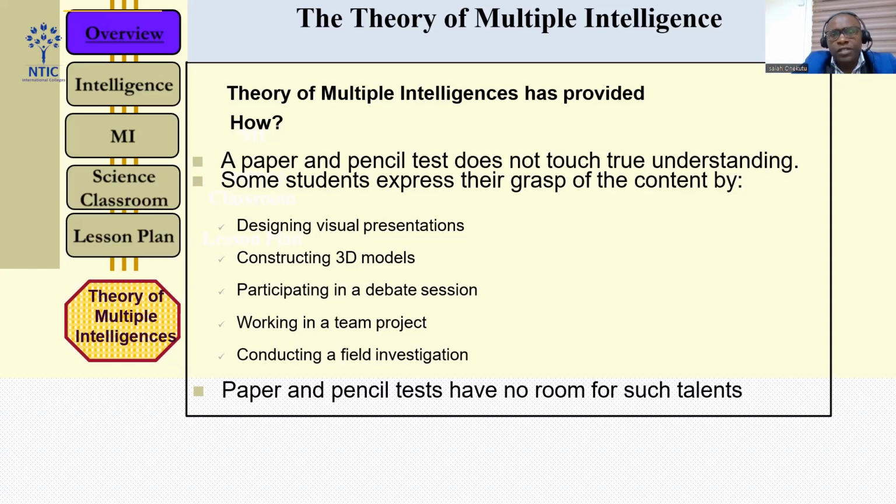Now, constructing 3D models, participating in a debate session, they want to talk. And many times you have learners in the classroom that you always see engaging in discussion with their peers. That is because they prefer to learn by discussing. They prefer to learn by talking and not just keeping quiet.